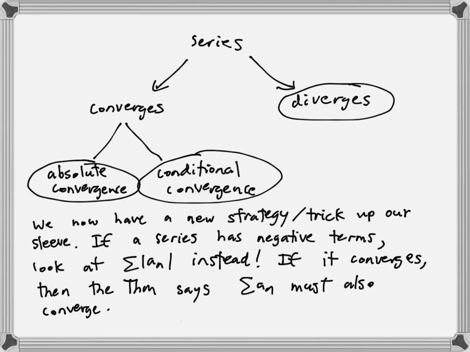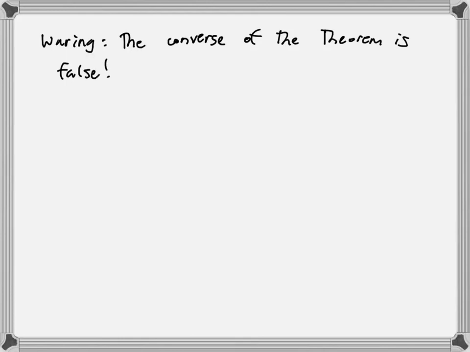Now, I'm hoping you guys don't take this theorem too far, because let me just write a little warning. Warning, the converse of the theorem is false. What do I mean? The theorem says that this guy converges implies this guy converges. This is true.